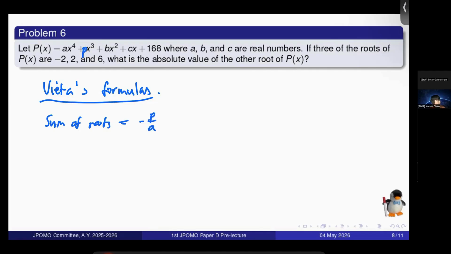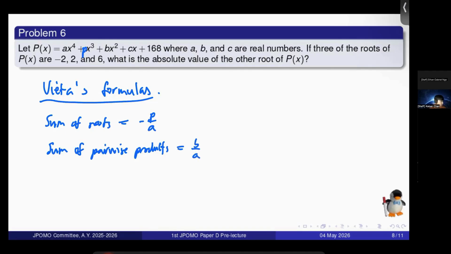And then the sum of pairwise products, just for completeness. Pairwise products means you pair each of the roots and then you multiply them and then you add all of those products. That is positive b over a.